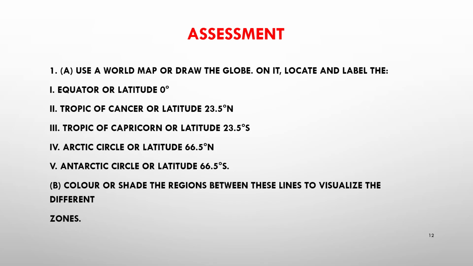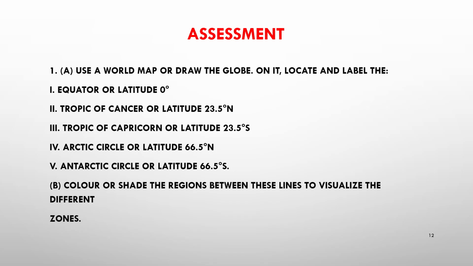For example, you can shade the region between the Tropic of Cancer and Tropic of Capricorn, that is the tropical zone, in one color, such as red or orange, to represent the hot climate.